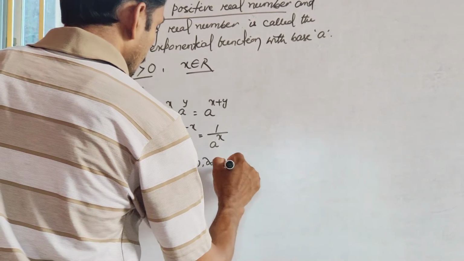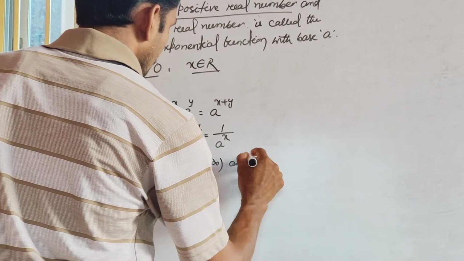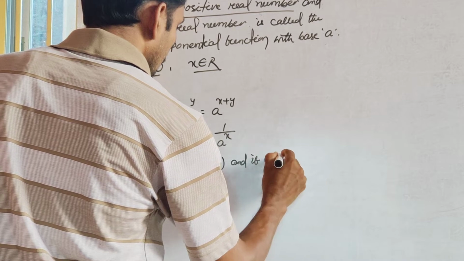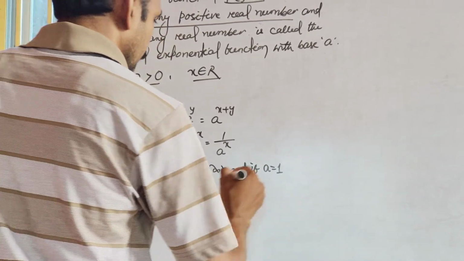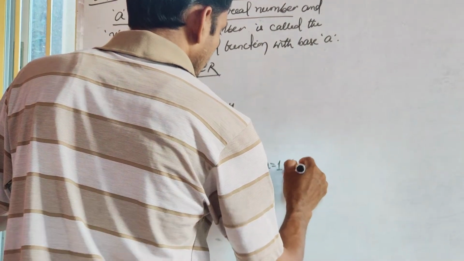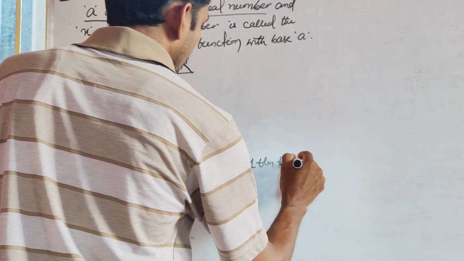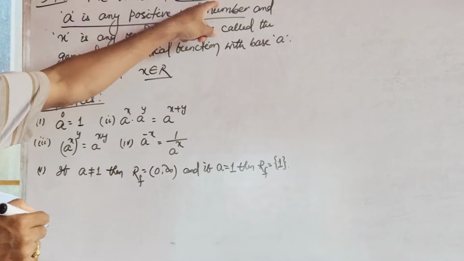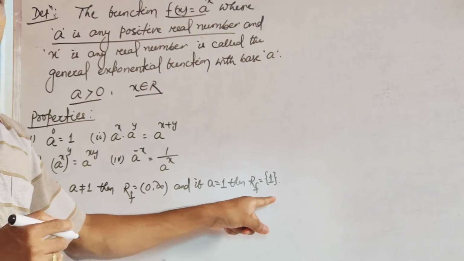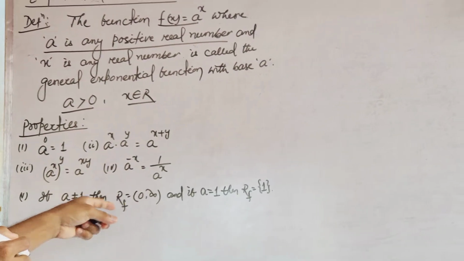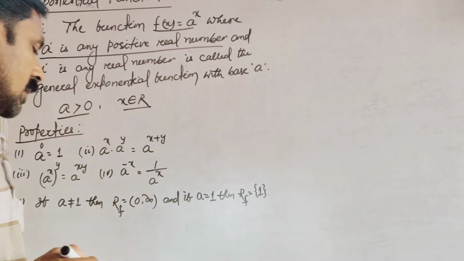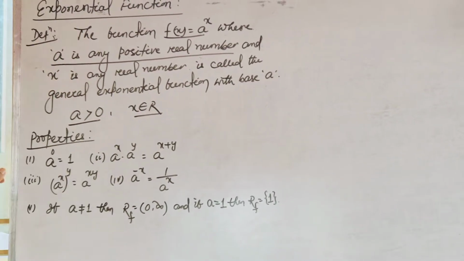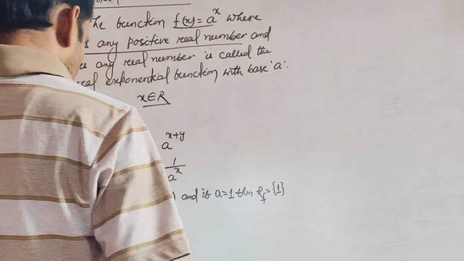And if a is equal to 1, then the range of f is only 1, because 1 to the power any number is 1 only. But if it is not equal to 1, you will get values within 0 to infinity.